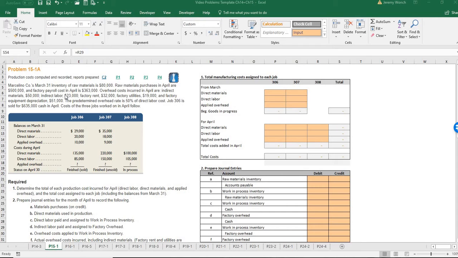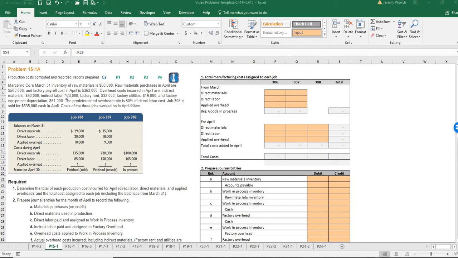In this we have Marcelino Company. It gives us our inventory. We have a March 31st inventory, raw materials of 80,000. Raw materials in April gives us the balance. Then raw material purchases in April, not a balance but purchases.